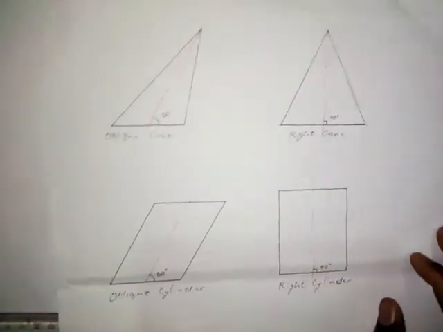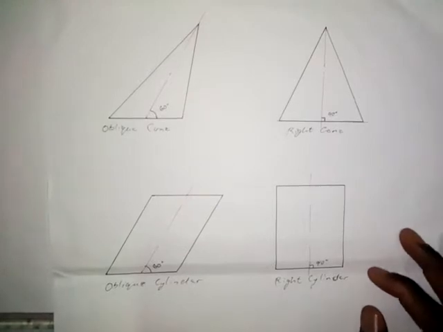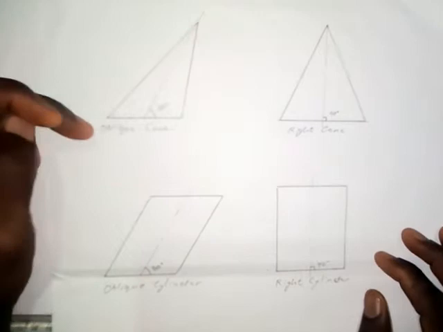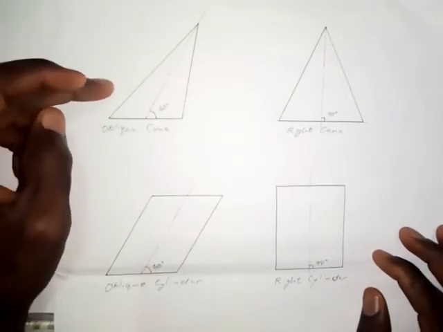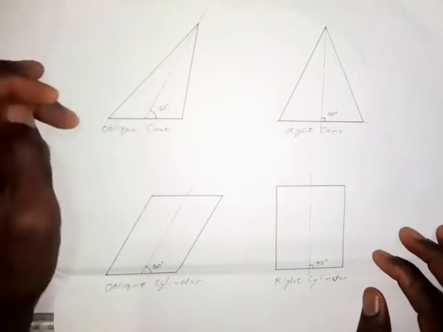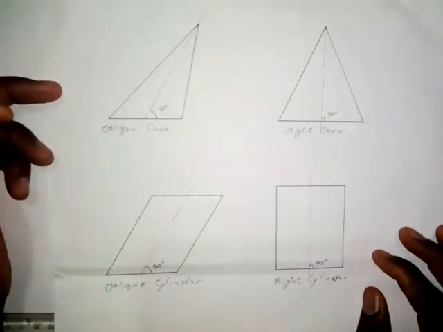So if you look at the screen very well, you can see the 4 diagrams on this paper. And if you look at what is written here, this is an oblique cone. The front elevation of an oblique cone is always in this form.